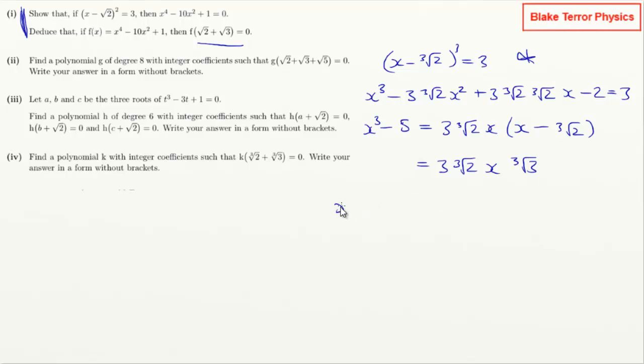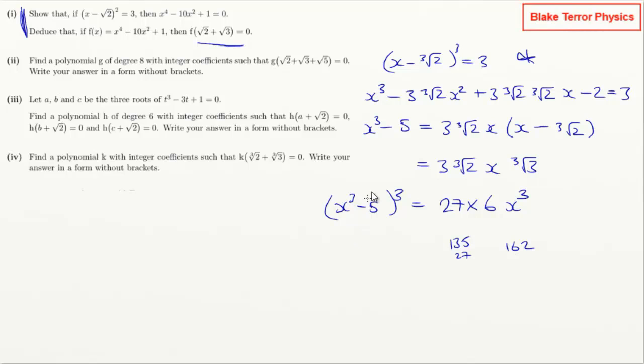So I've got x cubed minus 5, which I can cube all of that, is going to be equal to 27 times 6x cubed. Okay, so that's what, 135 plus 27, so 162.